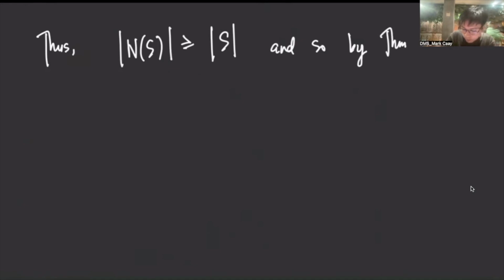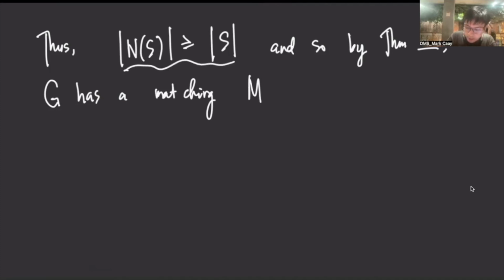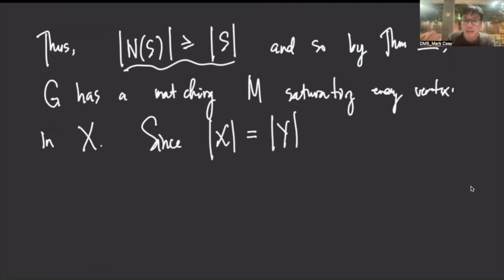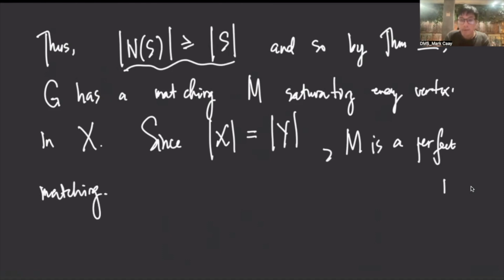Thus, the cardinality of N of S is greater than or equal to the cardinality of S. And so, by the previous theorem, G has a matching M, because when we have this inequality, G has a matching M saturating every vertex in X. And because, again, we have shown that X has the same cardinality as Y, M is a perfect matching. So, we have proven the claim now.